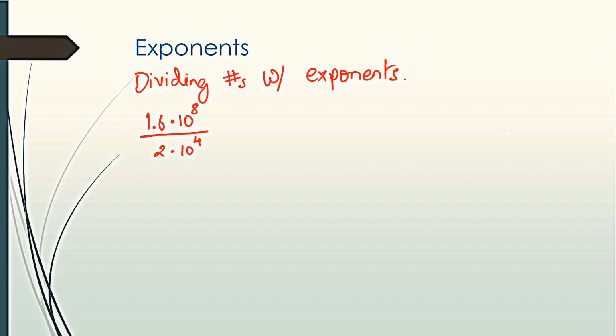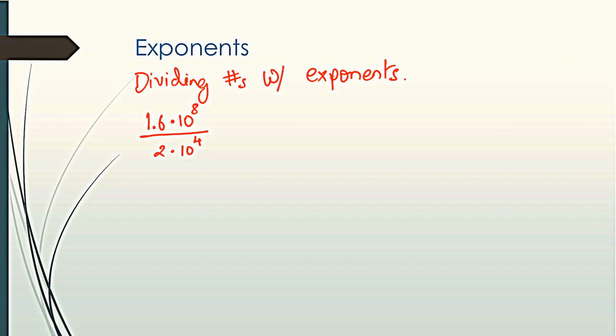Just like we had a specific rule to help us while multiplying numbers with exponents, there's also a rule to help us divide numbers with exponents. As you can see, I have 1.6 times 10 to the 8th divided by 2 times 10 to the 4th.